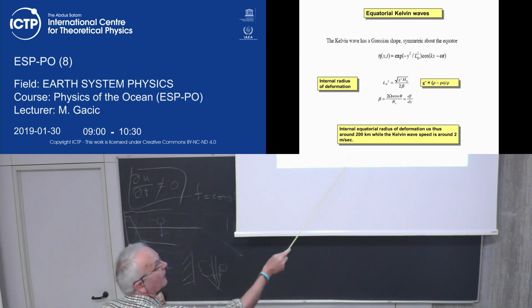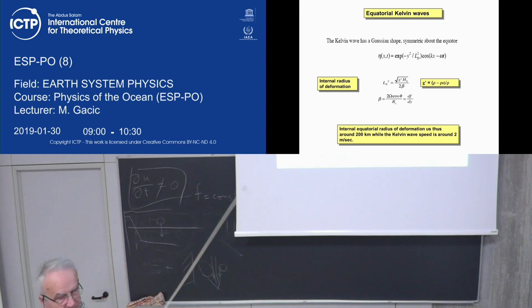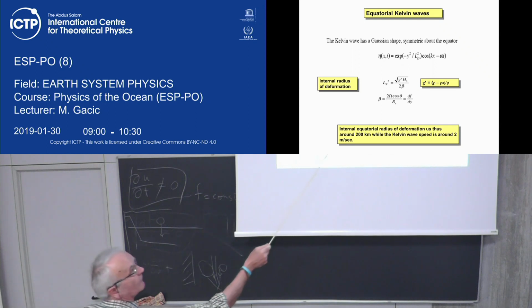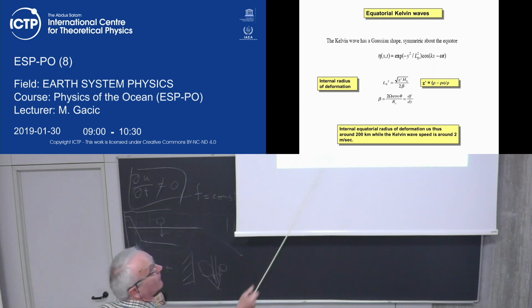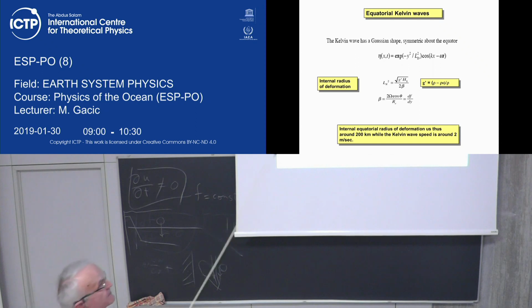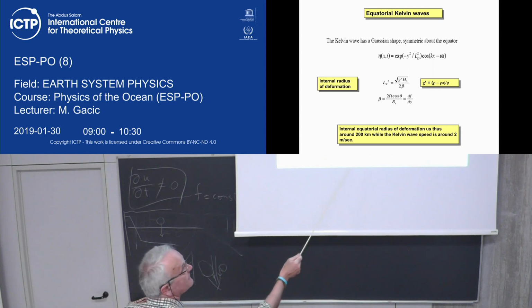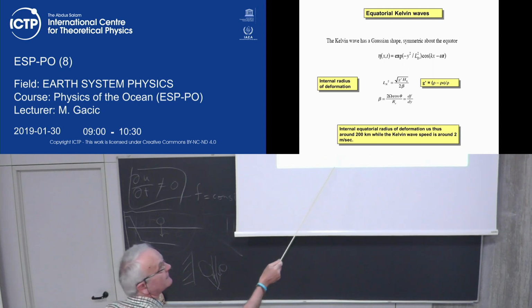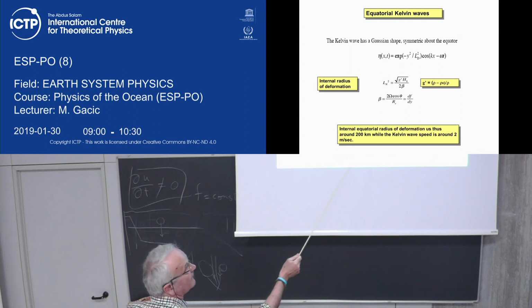In this case, however, the typical length scale where we have this decadal reduction of the sea level is given by the square root of G prime H1 over 2 beta.